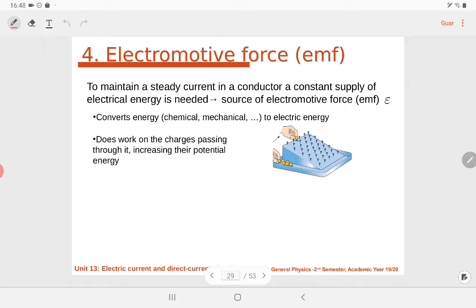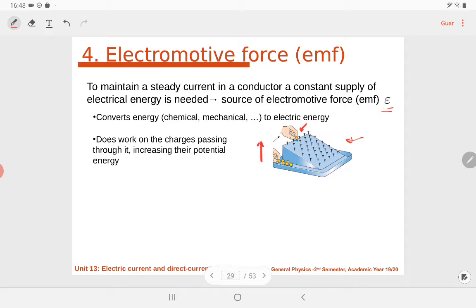So the idea is that this source of electromotive force is going to do work on the charges that pass through it, and it's going to increase their potential energy, and that increase of potential energy is going to be the electromotive force. So here we have a figure which is giving an analogy between what the source of electromotive force does and what the hand is doing with the different little balls.